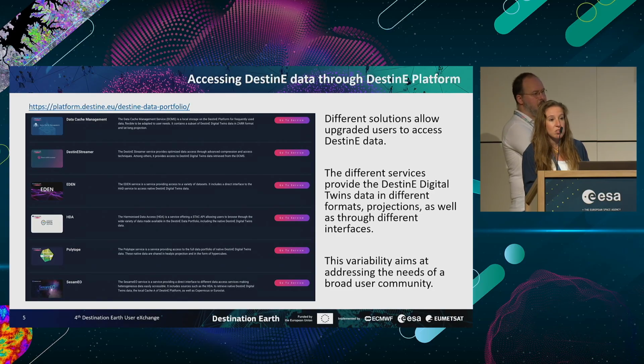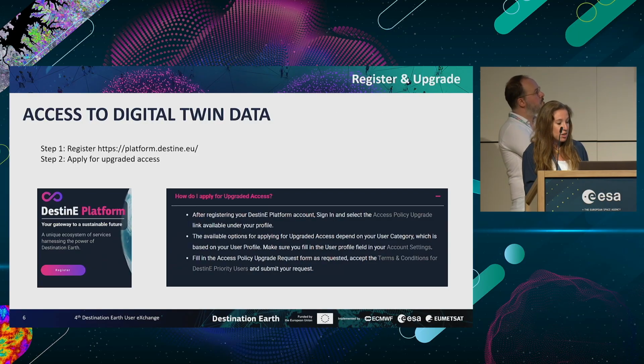There is also the service called Insula, that I think most of you should know about. It's a service with Jupyter notebooks that allows you to test all the data access services. For accessing digital twin data, you need to have upgraded access, approved by the European Commission. Everything is explained on the website.